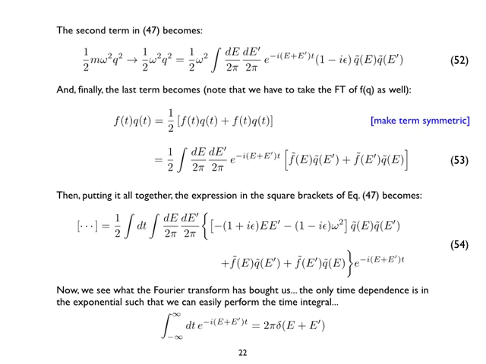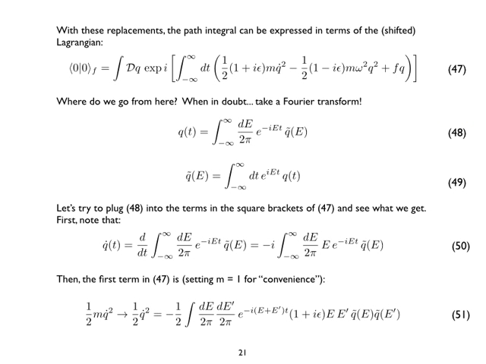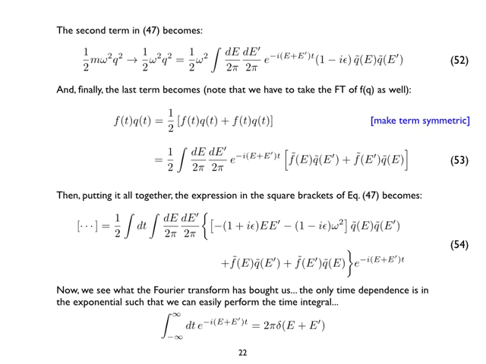So I plug my equations 51, 52, and 53 into the square brackets there. And you can see I can pull out a factor of 1/2, and I can pull out these two integrals here. This t integral is coming from the time integral in equation 47.